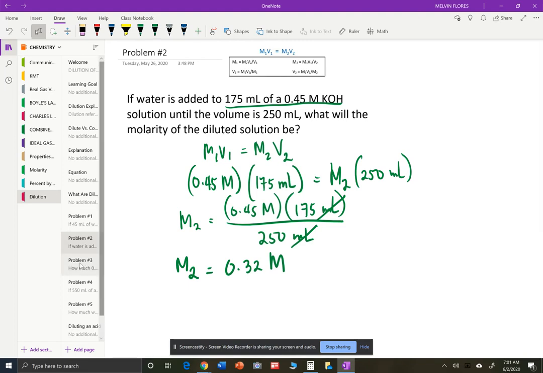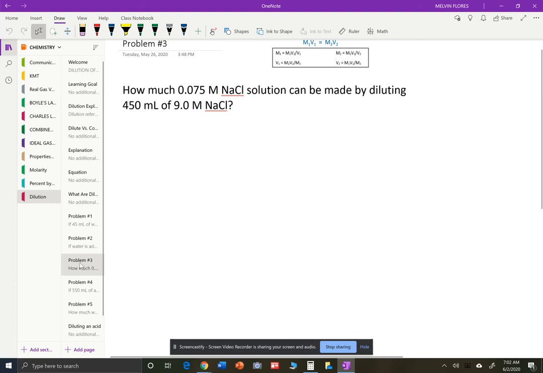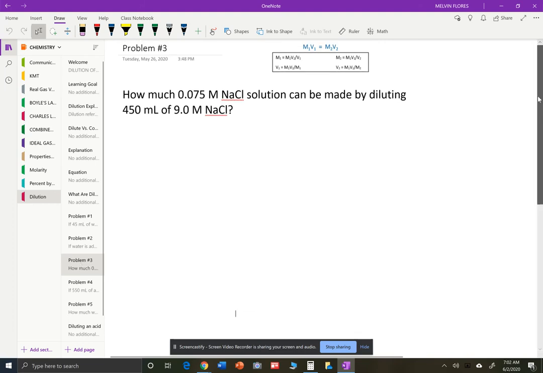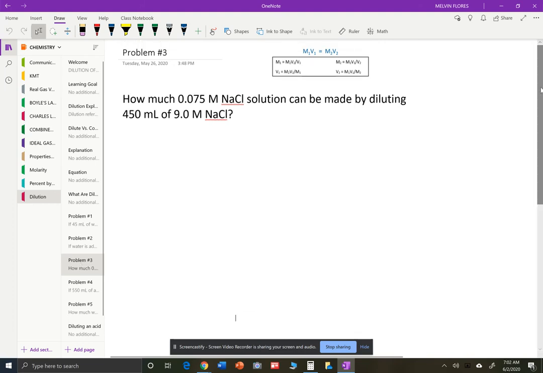Okay, let's have another example here. How much 0.075 molarity NaCl solution can be made by diluting 450 ml of 9.0 molarity NaCl? When the question is how much, that means you're looking for a volume.